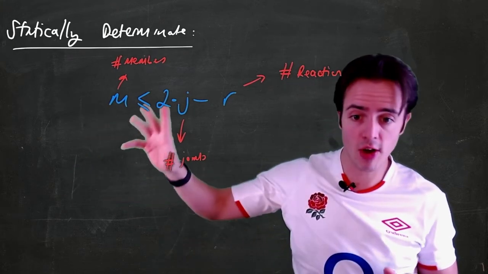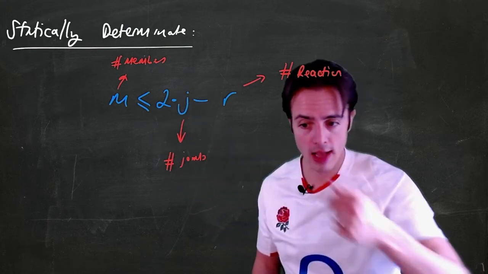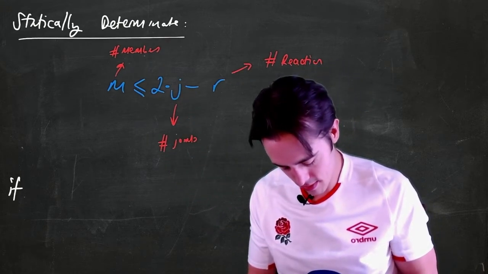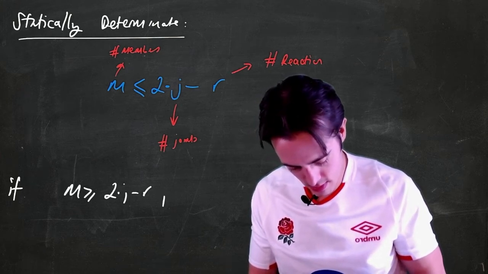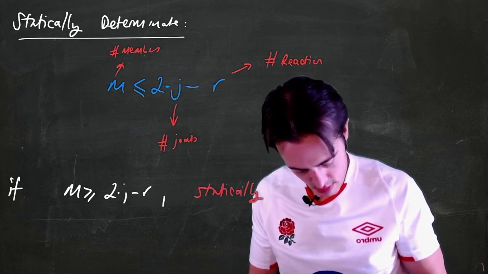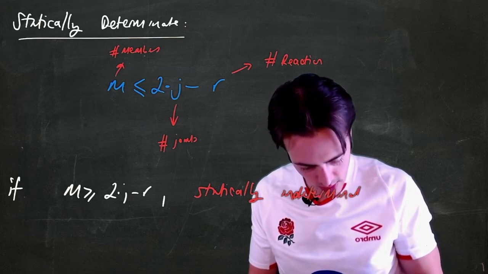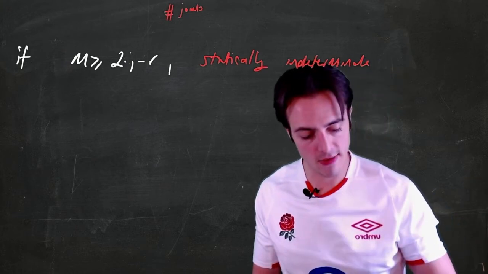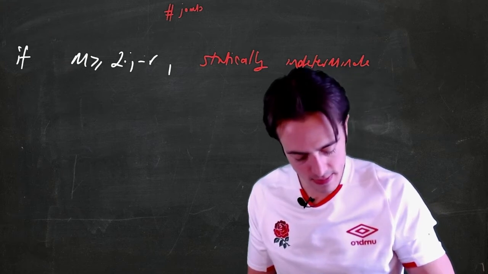If this is true, our structure is statically determinate. If this is not true, if m is greater than the right-hand side, then we are statically indeterminate. Okay, and then the degree to which the structure is indeterminate is given by its well-entitled degree of indeterminacy.